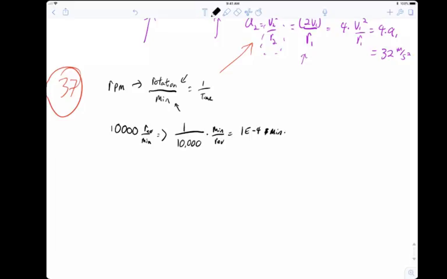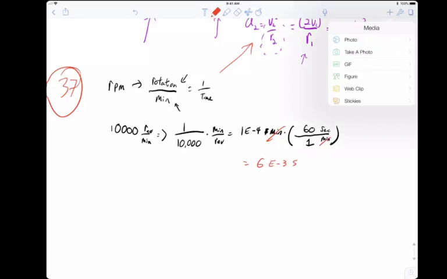The answer wanted me to write it down in seconds, so let's convert this to seconds. How do you convert minutes into seconds? You multiply by 1. There's 60 seconds in 1 minute. So in essence, I'm multiplying by 1, and the units cancel out here. So this is going to be 6e minus 3 seconds, the period.